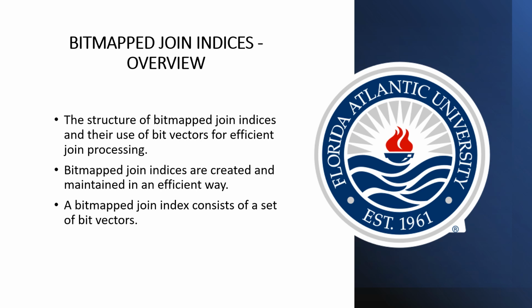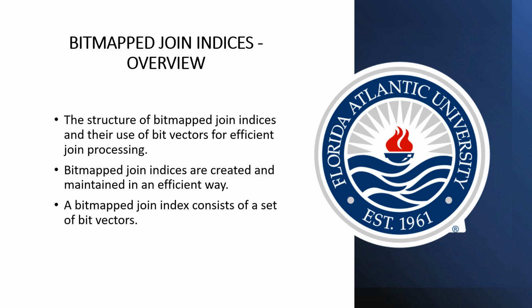Bitmap join indices are a type of index structure used in relational databases to optimize query performance. Here we look at the structure of these indices and their use of bit vectors for efficient join processing. They are based on the idea of using bit vectors, which are arrays of bits that represent the presence or absence of a particular value in a set of records.